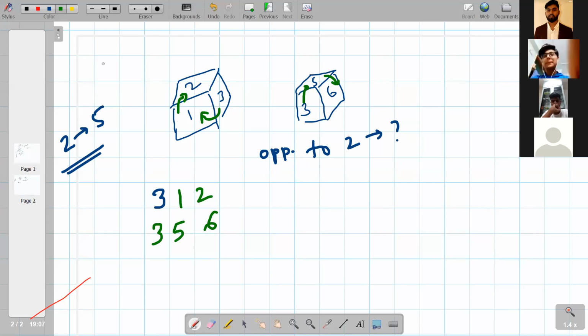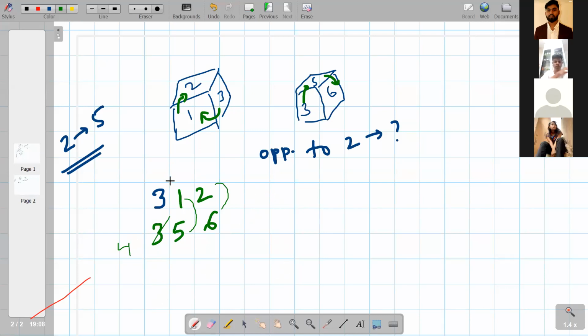So in this regard, what do we know? 2 and 6 are opposite to each other, 1 and 5 are opposite to each other, and 3 and 4 are opposite to each other. A quick question now.